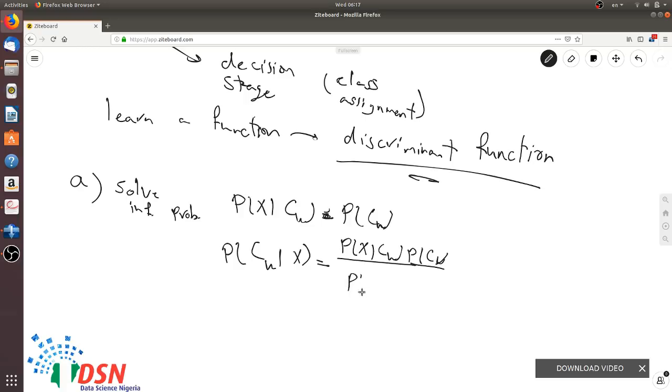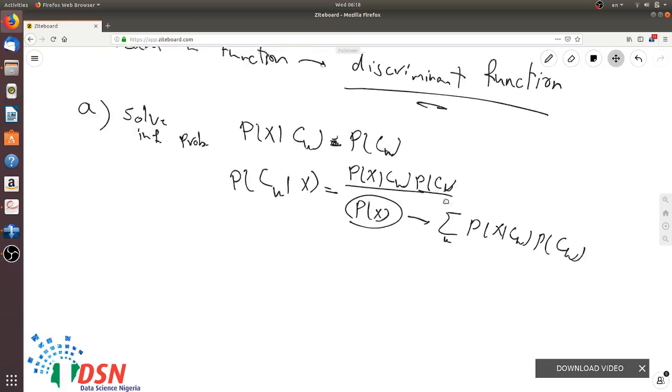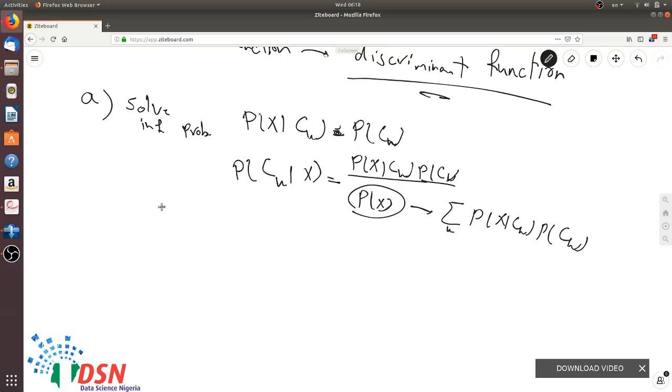We know that we can expand this term as p of x given Ck times p of Ck. After obtaining this, we could use decision theory for assigning a class to the variable x.